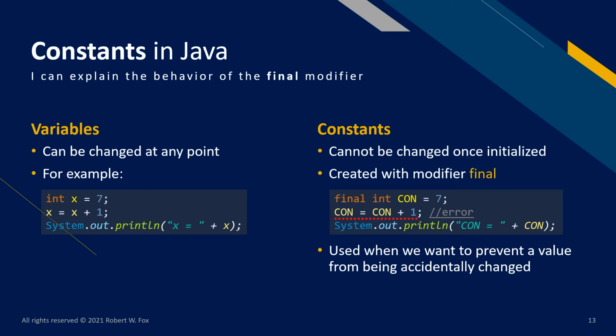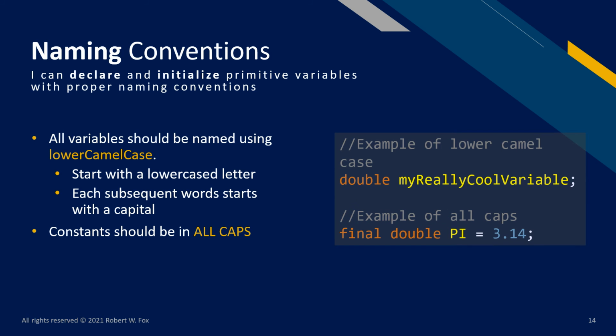The entire purpose of a constant is a situation where we want to make sure that the variable can't accidentally be changed, where we want its value to be permanent. And in those situations, we declare our variable with the modifier final to create that constant. Before we wrap up, let's talk a little bit about naming conventions for our variables and constants.